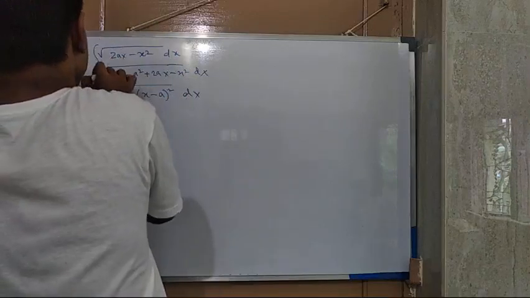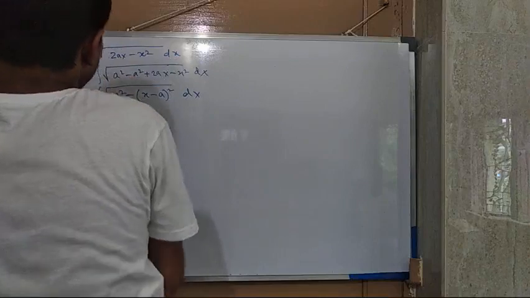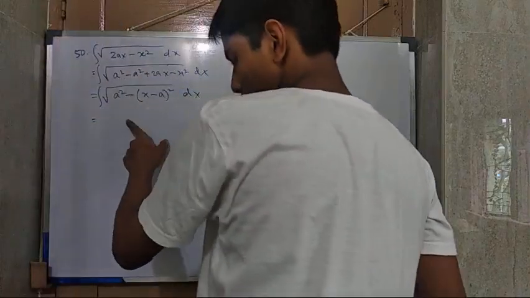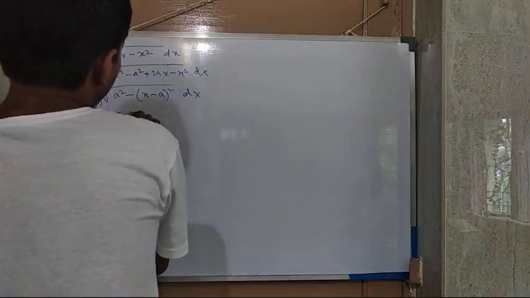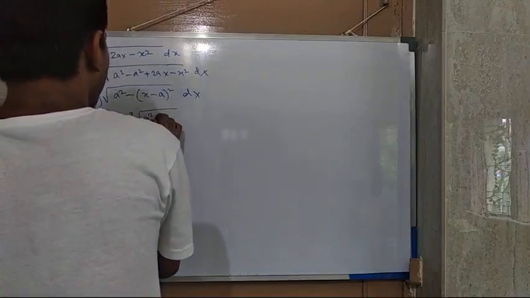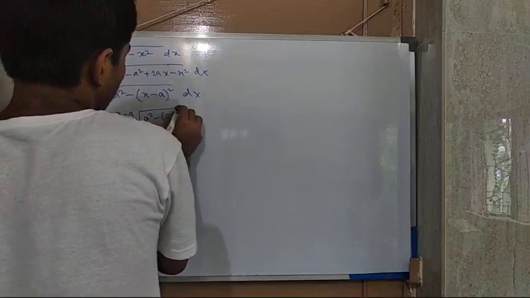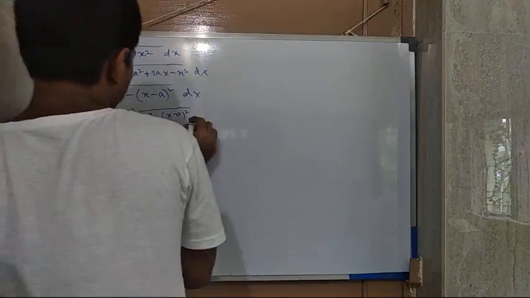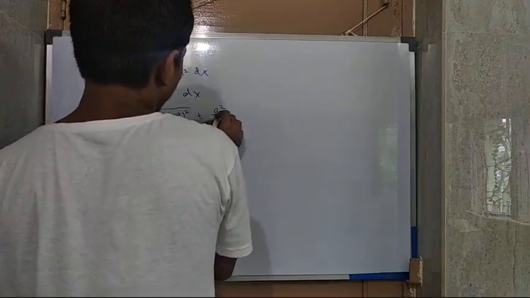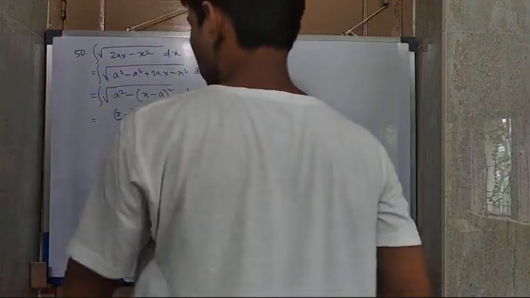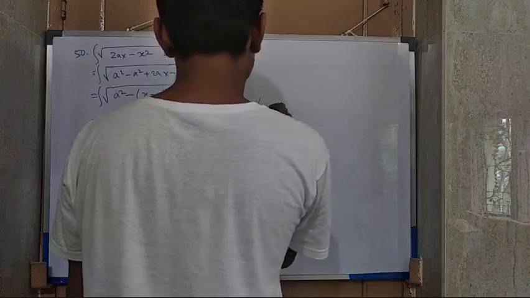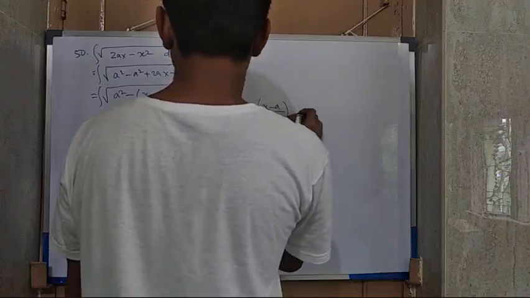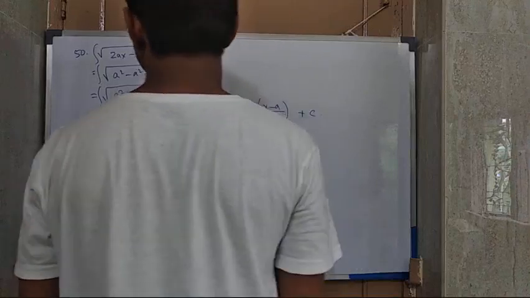This is also a standard result, which is x minus a by 2 times root under a square minus x minus a whole square, plus a squared by 2 sine inverse of x minus a by a, plus c.